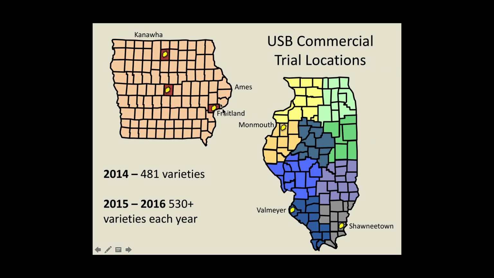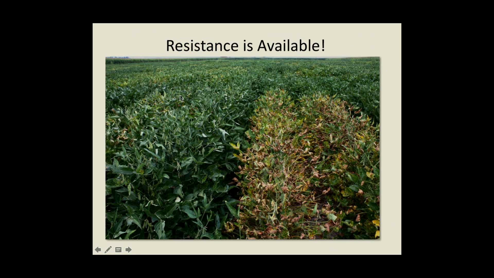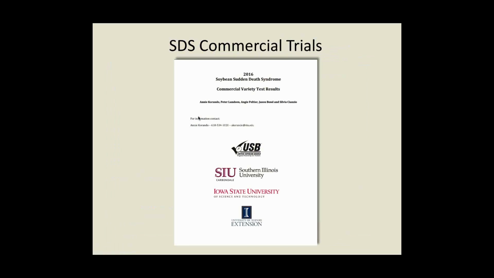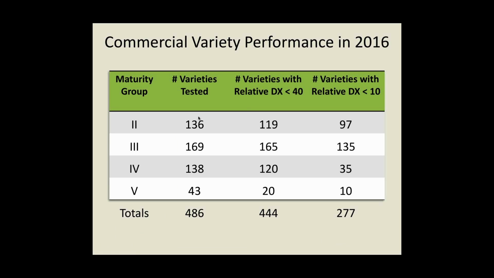And then also some of those early maturity groups, like the Group 2s and Group 1s and even the zeros in some cases, are planted here in Iowa. So we split some of the labor and resources, and we develop this variety report each year. This just gives you a summary of what we found in 2016.